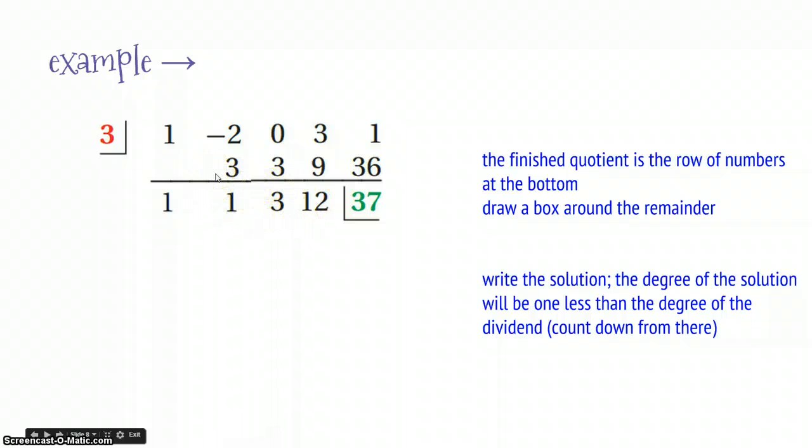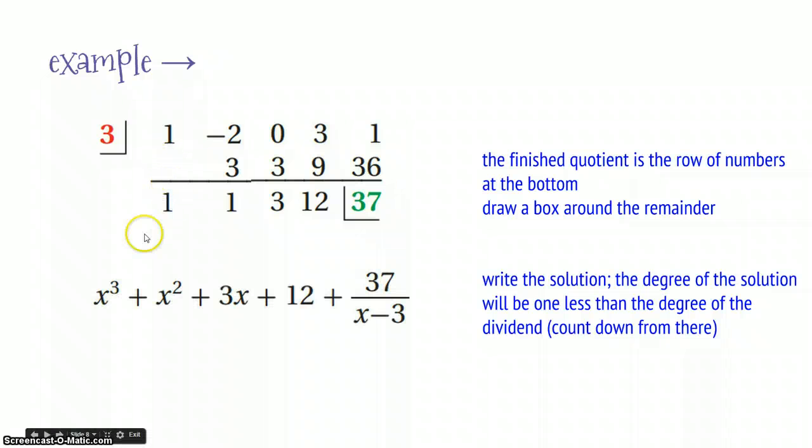We started with x to the fourth, and so our answer is going to start with x to the third. The solution here is 1x to the third plus 1x squared plus 3x plus 12 plus that good old remainder written as a fraction. I love it. 37 over x minus 3, because that's what we were dividing by.